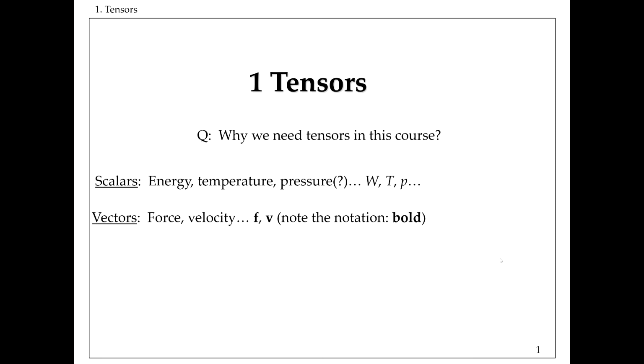One important note, again just defining our language so we understand each other better about what is written in books or journals: typically the convention is that we use bold for quantities that are not scalars.